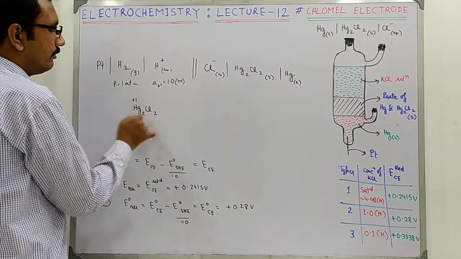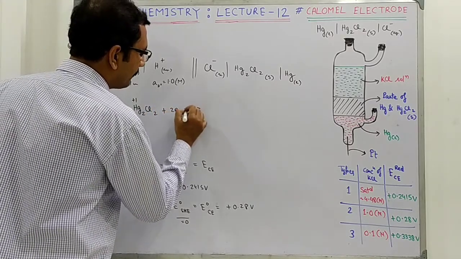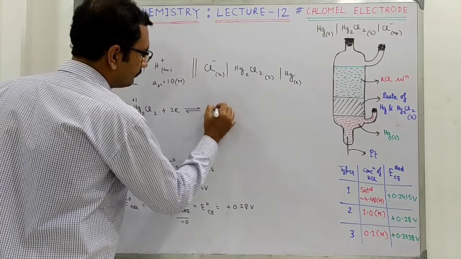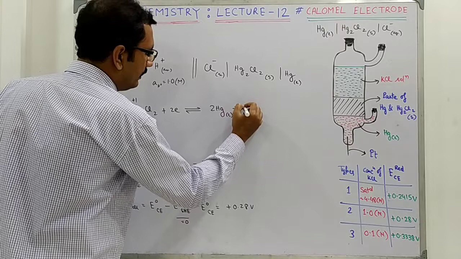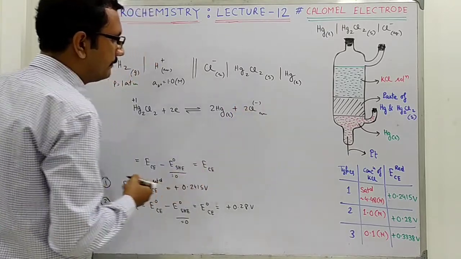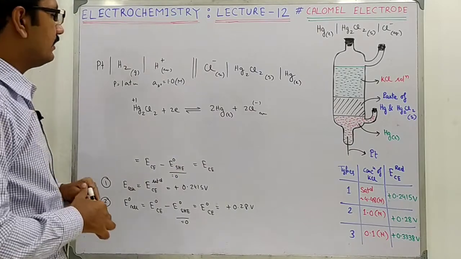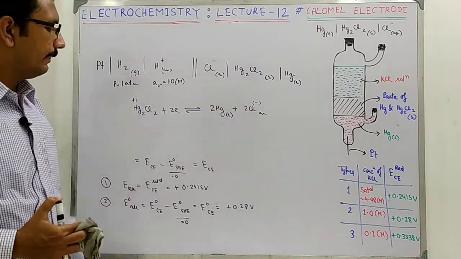So, -2 overall will be 0 and it is accepting 2 electrons to give you 2 Hg in liquid form and 2 Cl minus aqueous. See, this is the reduction reaction that is occurring at the cathode.